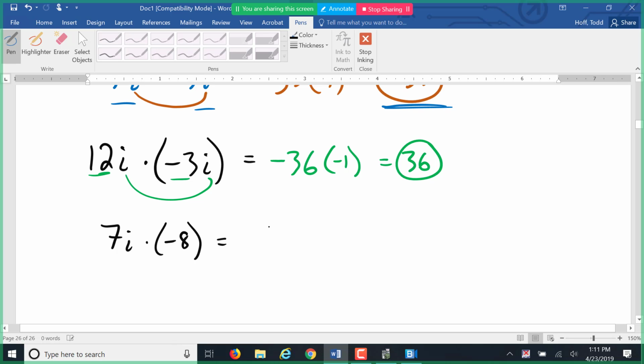I might have 7i times negative 8. Well, 7 times negative 8 is a negative 56. And there's nothing to multiply the i by, so that's just negative 56i.